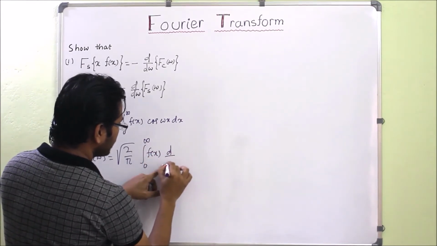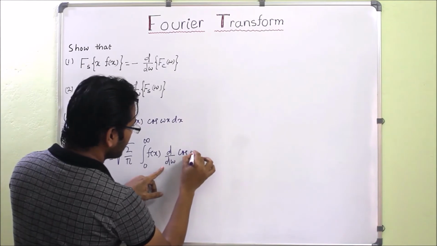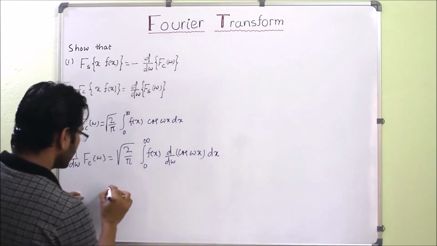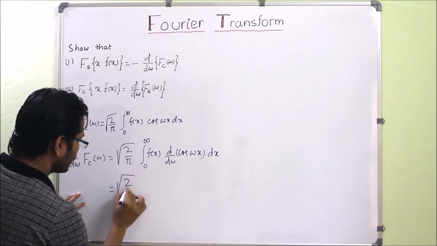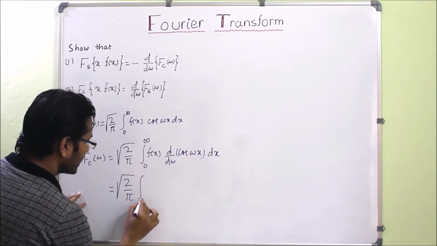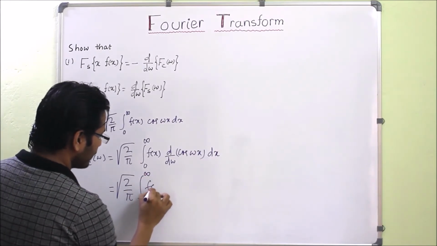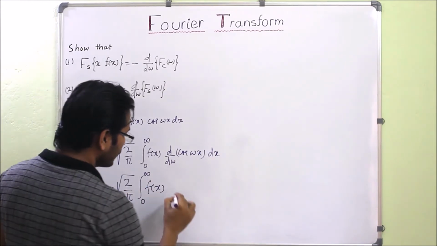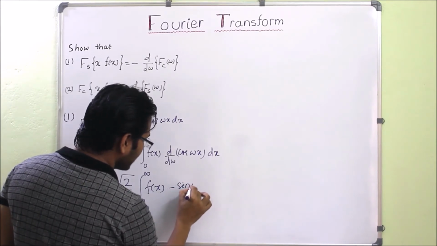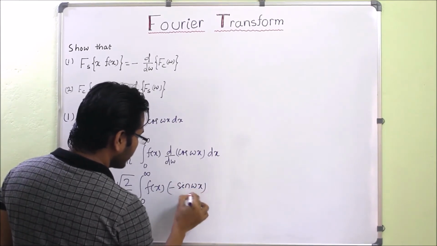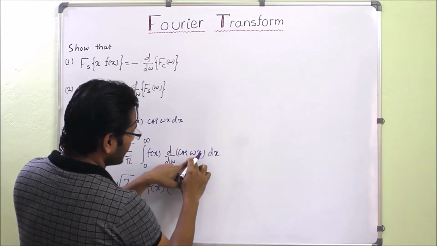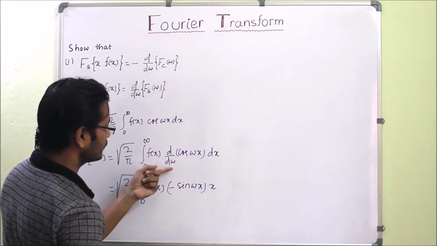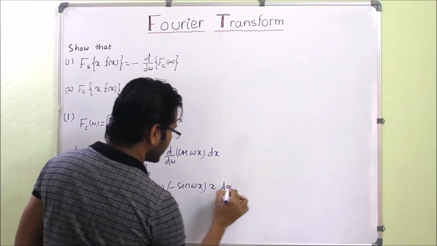Here we have to apply d by dw of cos wx, because cos wx involves w, into dx. So this will be square root of 2 by pi, integration from 0 to infinity, f of x, now d by dw of cos wx. The derivative of cos wx is minus sin wx, and the chain rule has to be applied: the derivative of wx will be x, because we are differentiating with respect to w, into dx.